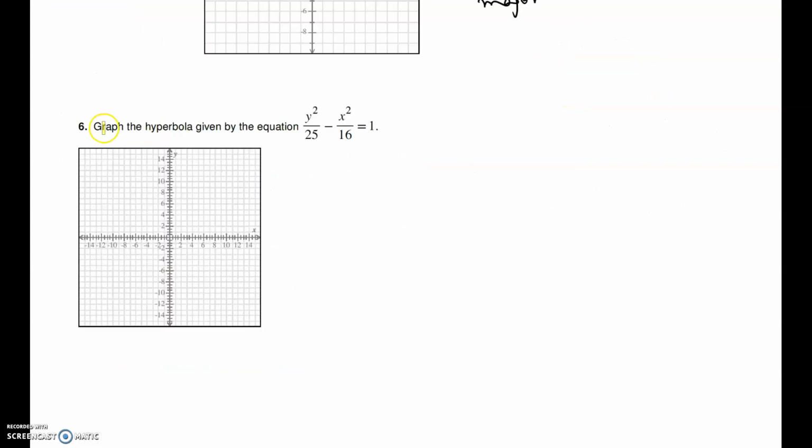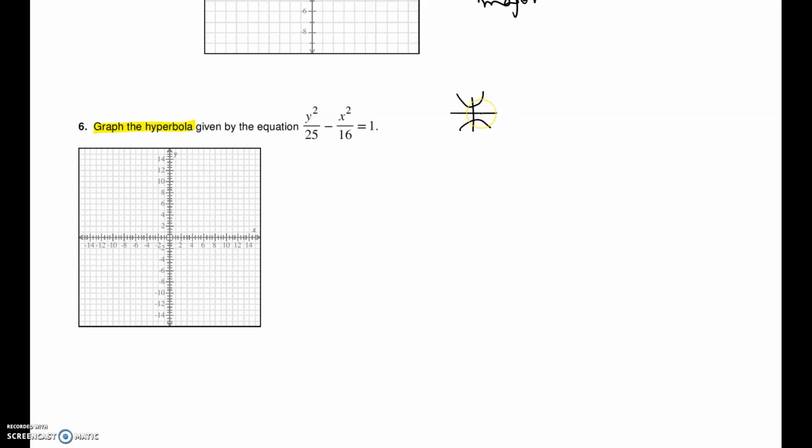Number 6. Graph the hyperbola given by the equation y squared over 25 minus x squared over 16 equals 1. So we notice that the term in front of y squared is positive. The coefficient in front of x squared is negative, which means the graph is going to have branches cutting the y-axis.